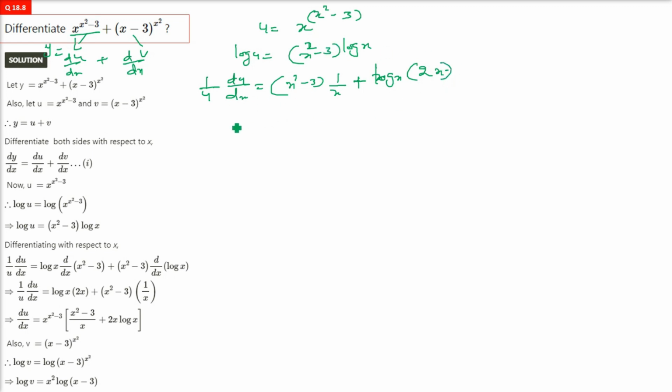And then final result will be, you have to take on the right hand side in the numerator. So this u will be x to the power x square minus 3. So x to the power x square minus 3 will come as it is. X square minus 3 by x you can write, plus log x and 2x. So 2x you can write first and then log x. So 2x log x.